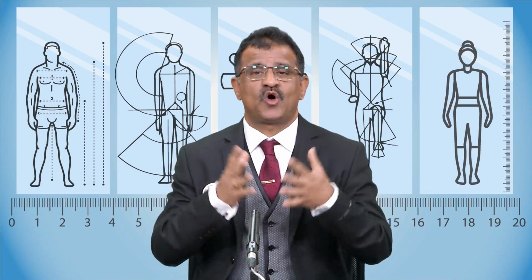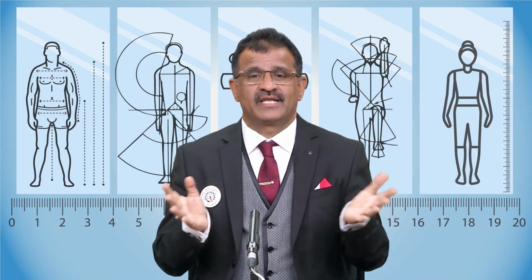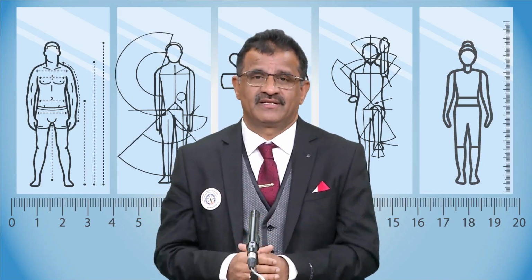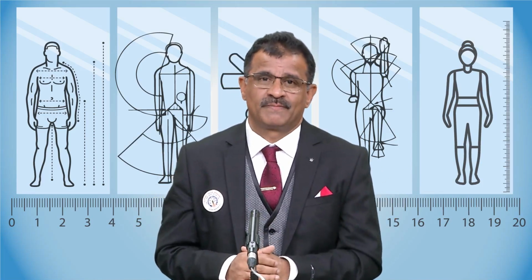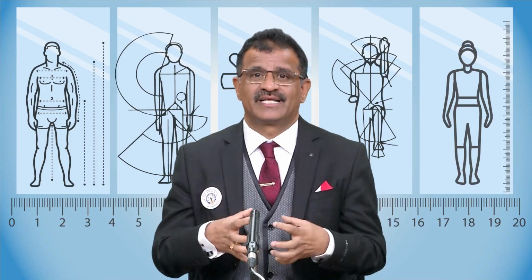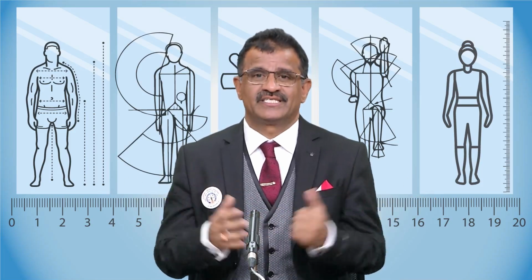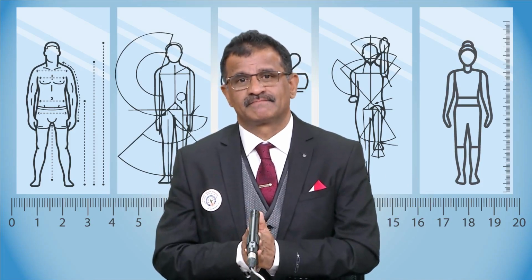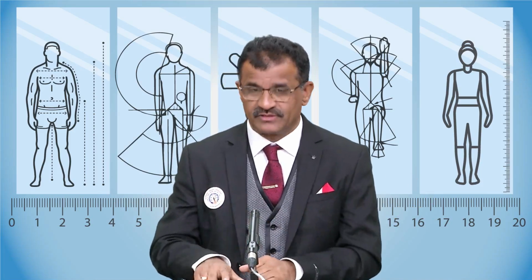We Indians know about our Indian people, but we have to compare ourselves with other people across the globe. In our country itself, there is a big diversity, north to south and east to west. That is all included in anthropology.